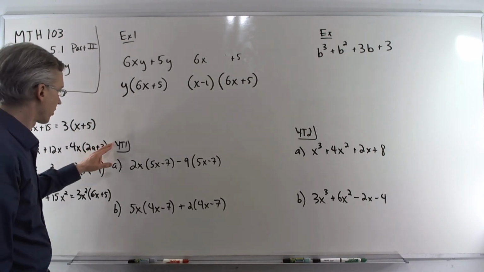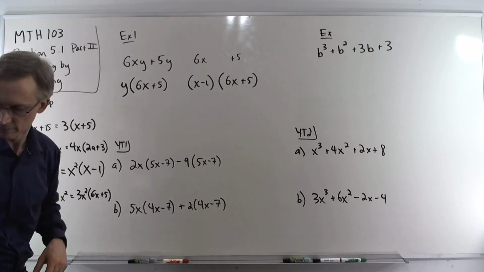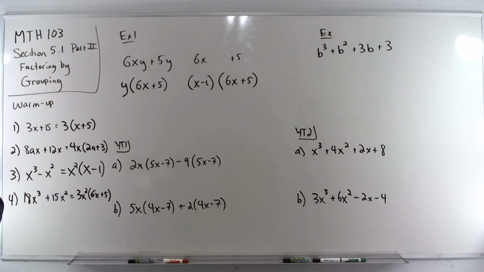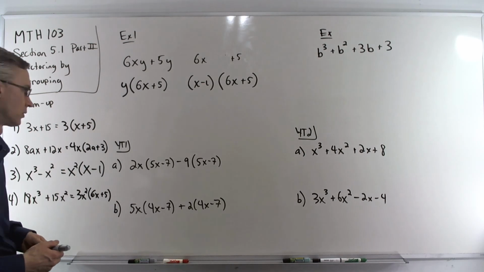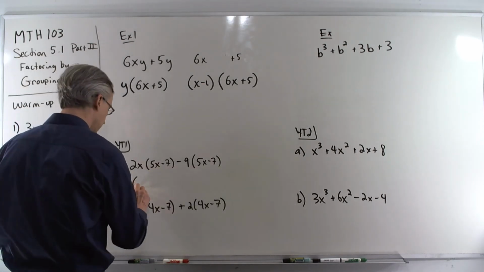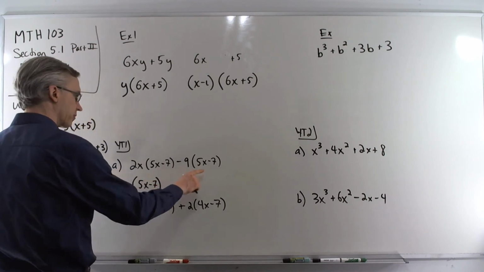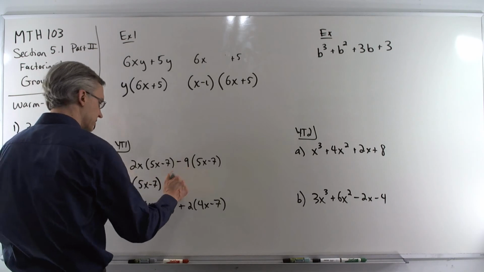So your turn, number 1. I'd like you to factor the binomials out of those two expressions. So the first one, we're going to factor out the 5x minus 7. And then what remains after we remove that is 2x minus 9.